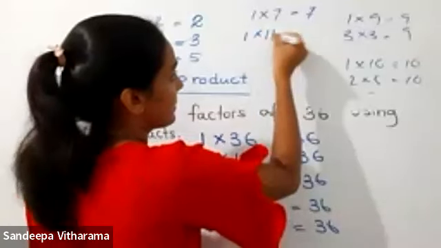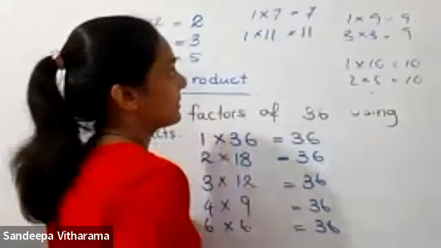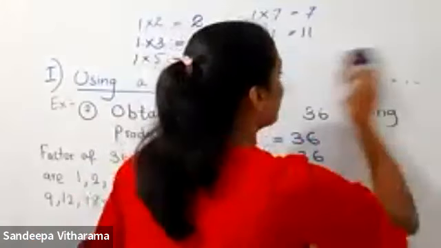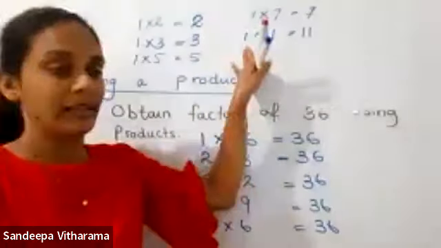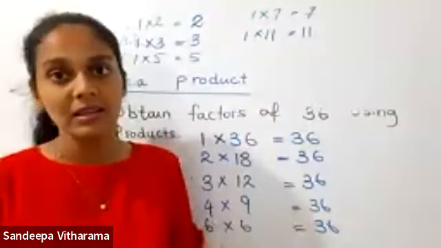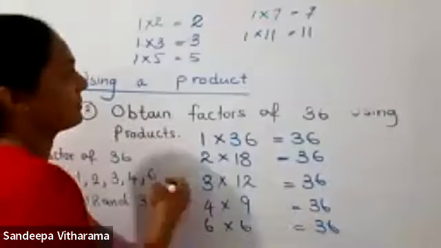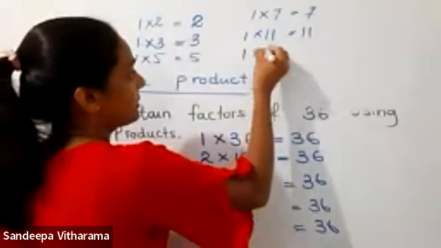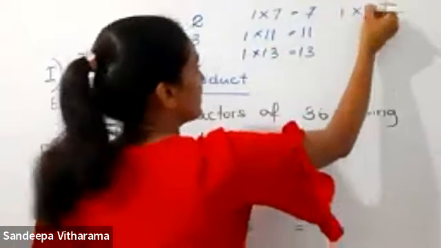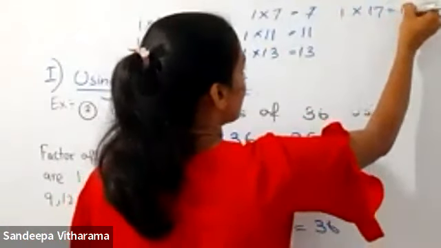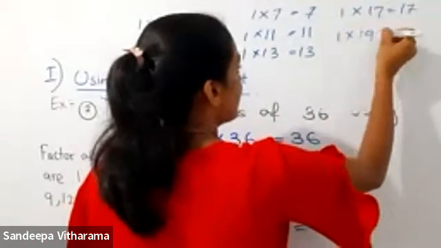Next one is 1 into 11. There's only one method to obtain 11. So 1 and me. Only 1 and itself. Then, in the same way, 1 into 13, 1 into 17, 1 into 19.